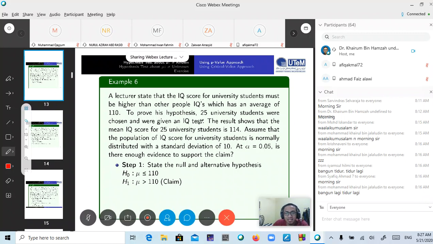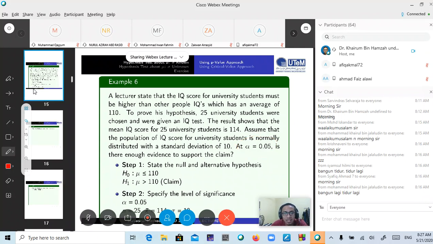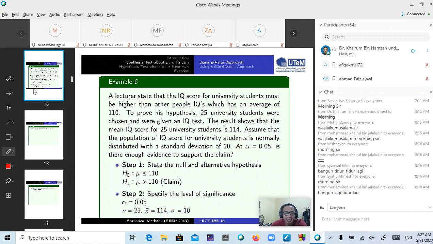Step 2, identify the level of significance. Level of significance is already given by your question, 0.05. So alpha equal to 0.05. And then list down all the items given because you want to use them in step 3, calculate. Okay. So n equal to 25, X bar equal to 114 and sigma equal to 10.